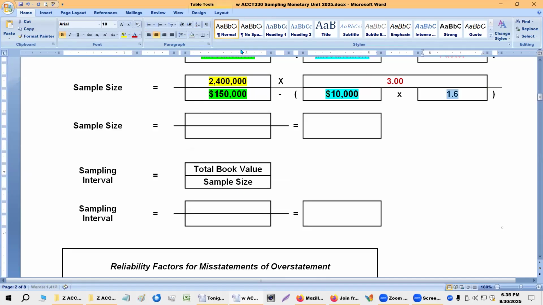All right, now I would encourage you to do this first. So there's 150,000 minus 10 times this. I'm gonna do that first. 10,000 times 1.6 is 16,000, right?